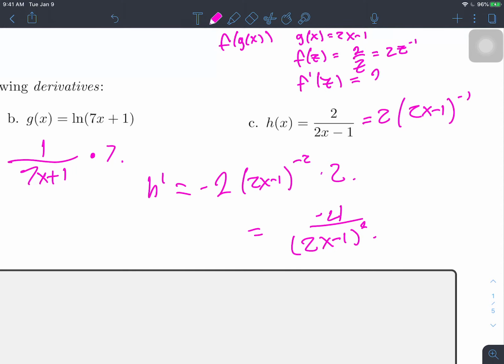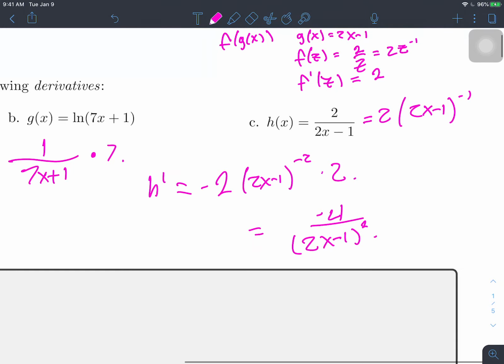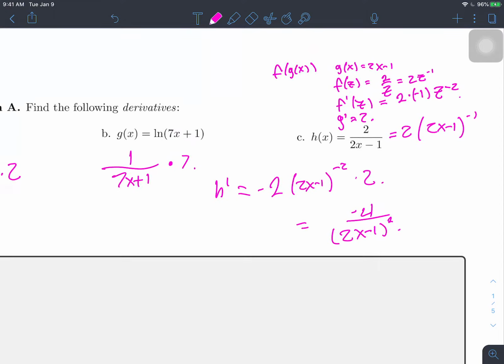The 2 just hangs out. Then I multiply down by the old power, that's negative 1. And then I take z and reduce the power by 1. So 1 less than negative 1 is negative 2. So that's how that negative 2 showed up. It came from the power rule. And then g prime was 2. Okay.